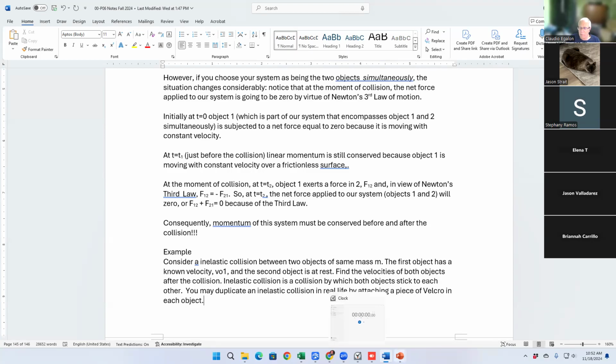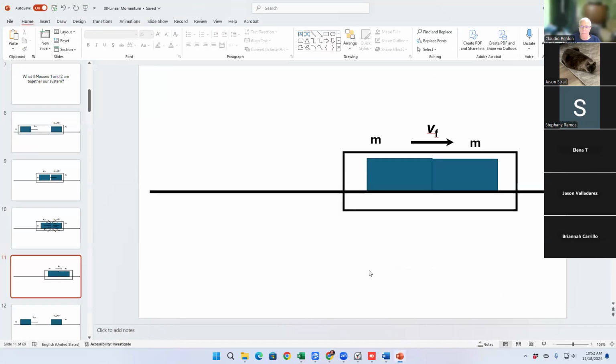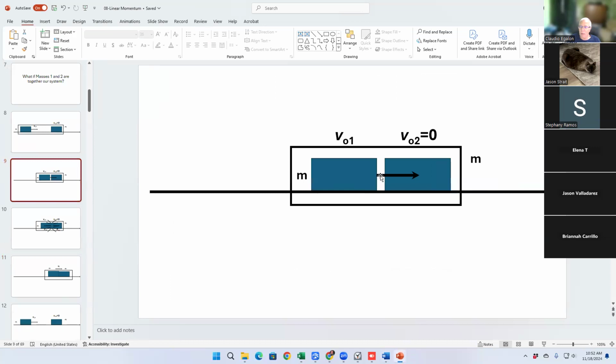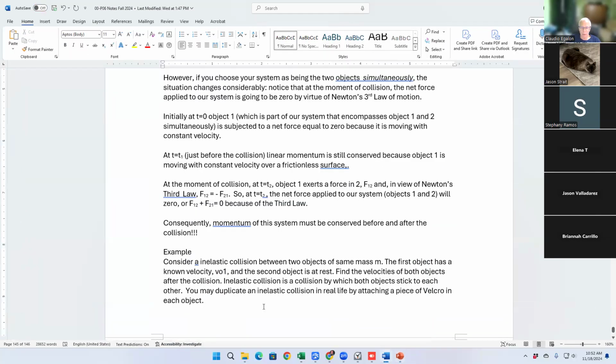If you put a piece of Velcro on those two objects, they are going to stick to each other once they collide, right? So that's what I want to do: find the final velocity after an inelastic collision between two objects of the same mass.